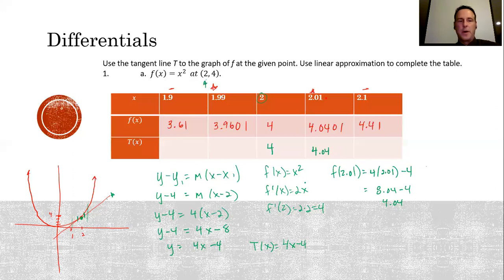Okay, it's a little bit further away, and when it becomes further away, the gap will get a little bit bigger. That should not surprise us, but let's just plug it in. F of 2.1 is 4 times 2.1 minus 4. And so this becomes 8.4 minus 4, which is 4.4.